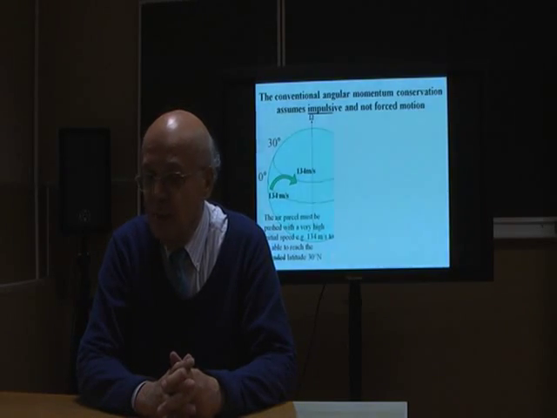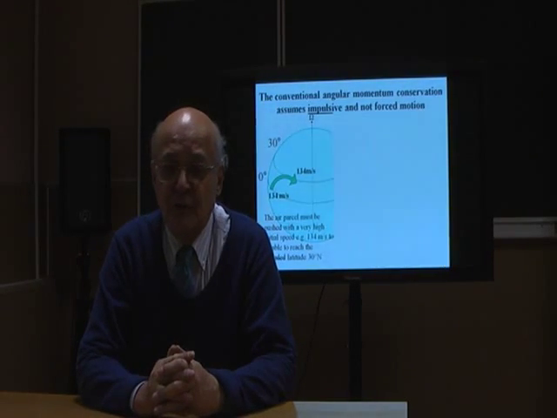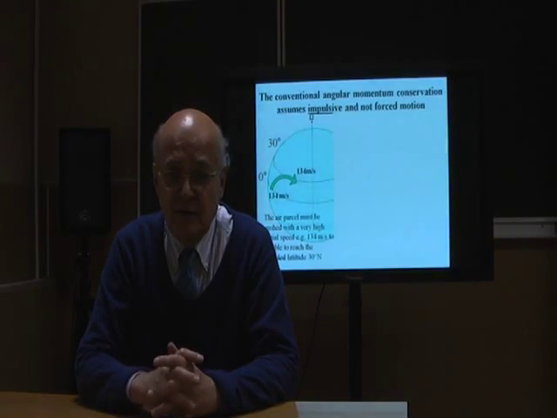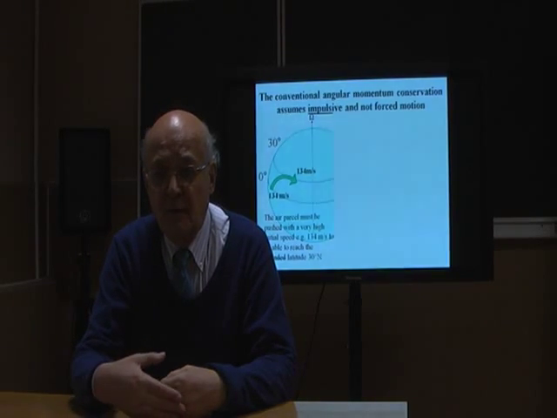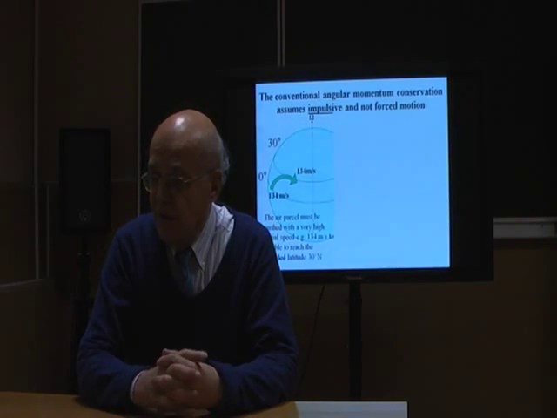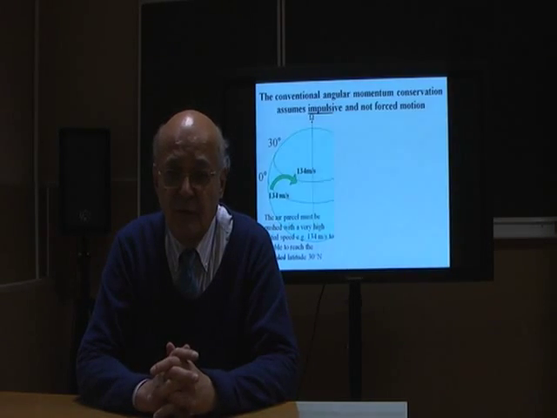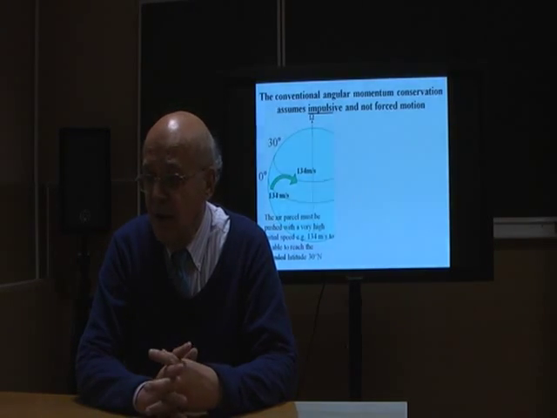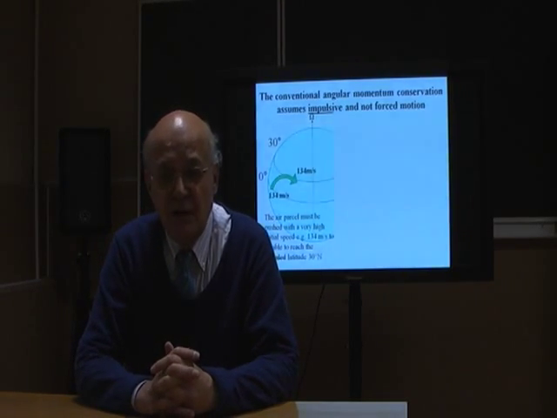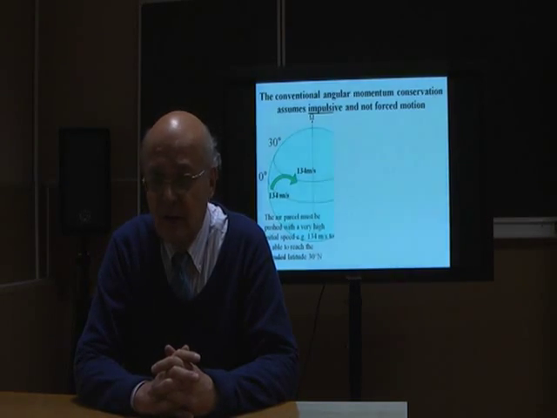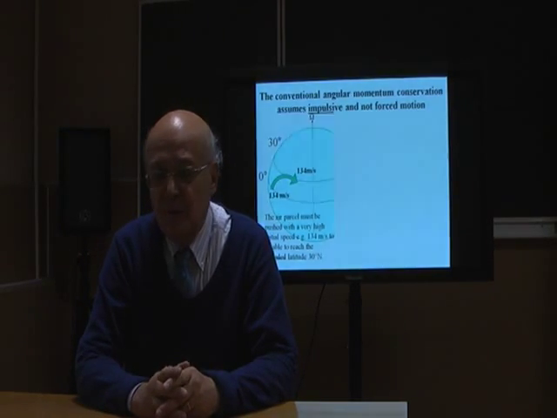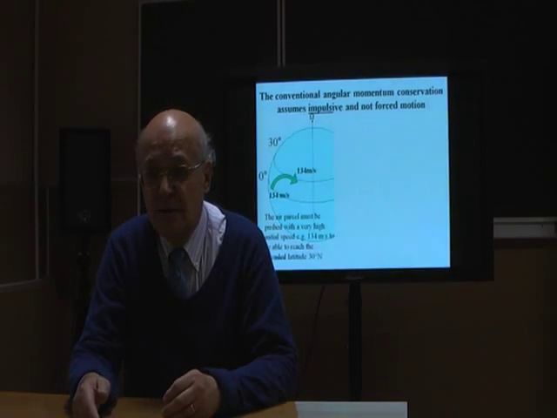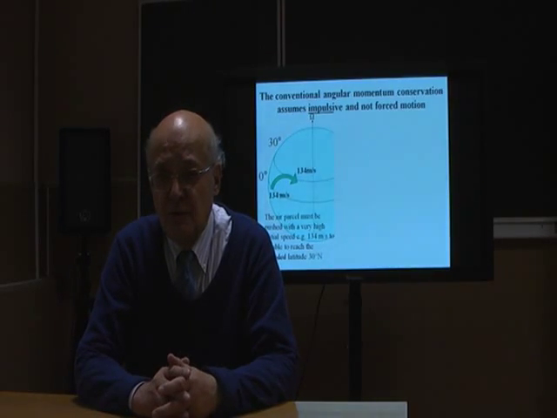But what has been implicitly and not quite realized by people who have been doing this over the last 100, 150 years is that they have applied an impulsive motion. They even said pushing or impulsive motion of the air from the equator to 30 north. And then the wind is not starting from zero, as in my case where you accelerate. The wind has to actually be pushed by 134 meters per second to even reach the desired latitude of 30 degrees.